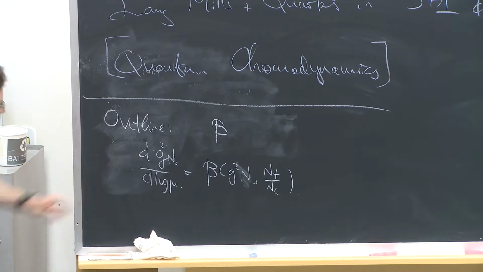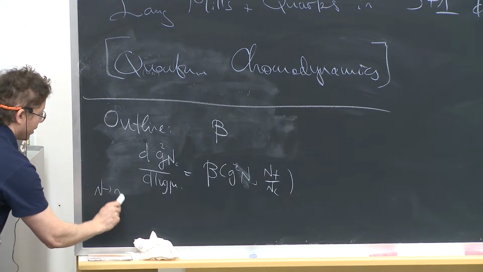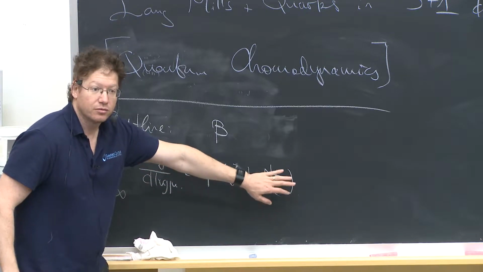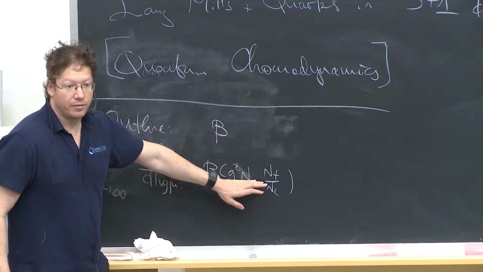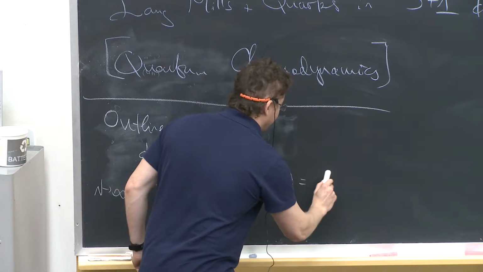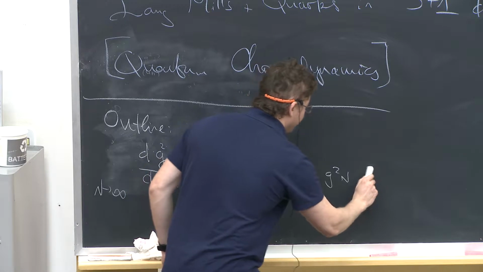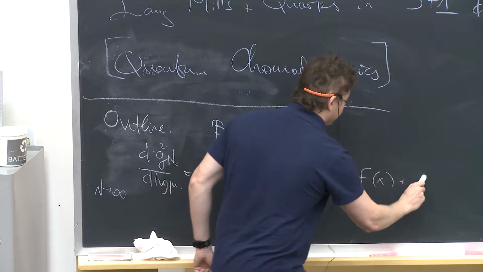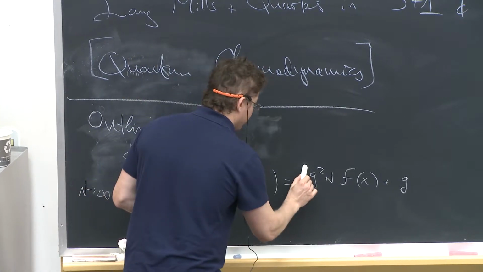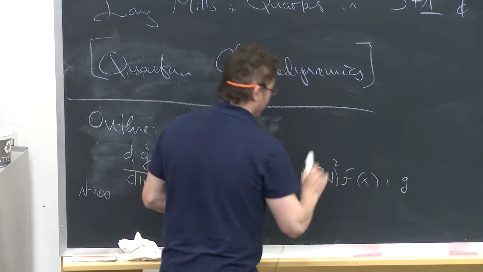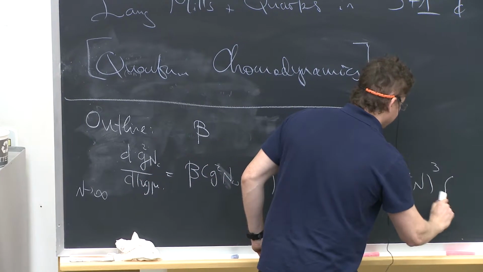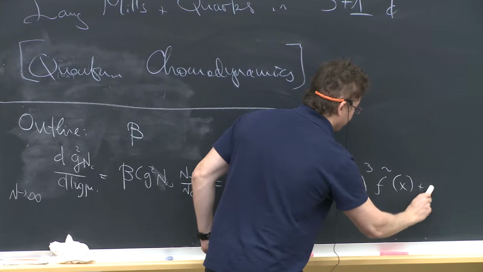This is the scaling in the asymptotic large N limit. So each order in the expansion looks like, let's say, the first order looks like g squared N times some function of x. Sorry, I meant to write g squared N squared, because the tree-level beta function vanishes. And then there is g squared N cubed times some other function of x, and so on.